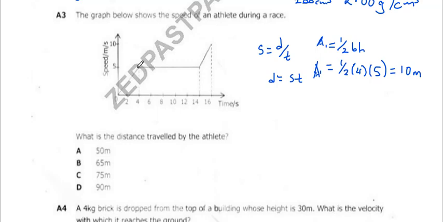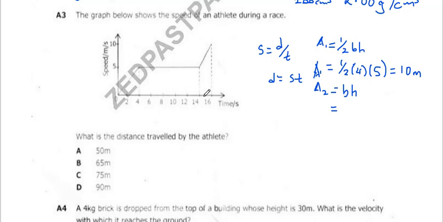Our second area is this shape that we have there, which is a rectangle. So area 2 equals, how do you find the area of a rectangle? You simply say base multiplied by height. In this case, our base is from 4 to 14. So what is the value of our base or breadth? We have 14 minus 4, which gives us 10.